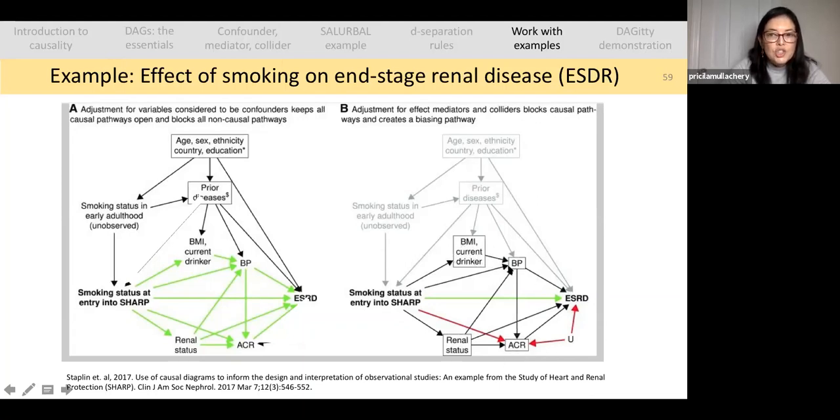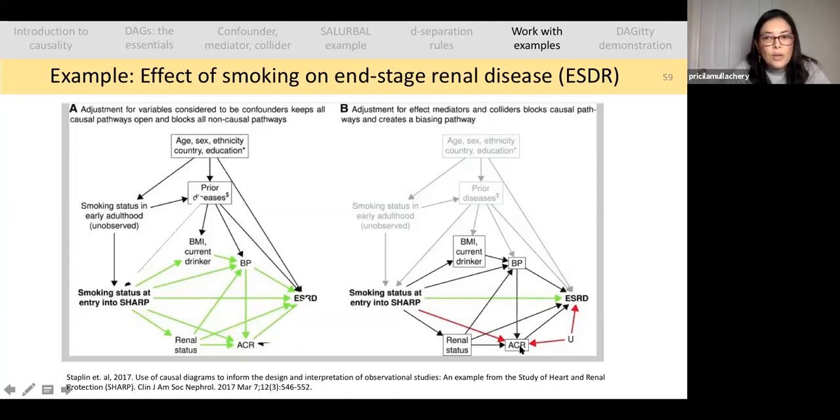However, when they adjusted for these things, they created bias impacts, and you're also going to see bias impacts in DAGitty with a different color, a pink color. They put it here. Here it's red. It just means that it's a bias impact, or a non-causal path that is open because they adjusted for this variable, which, if you can see here, is a collider.